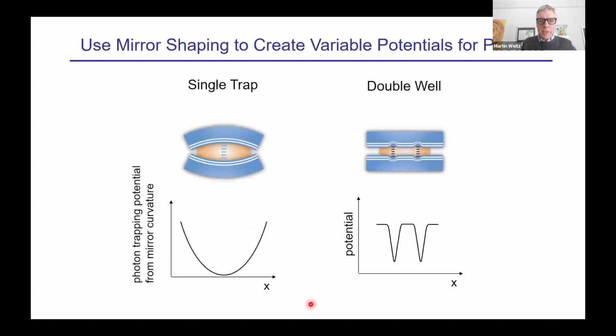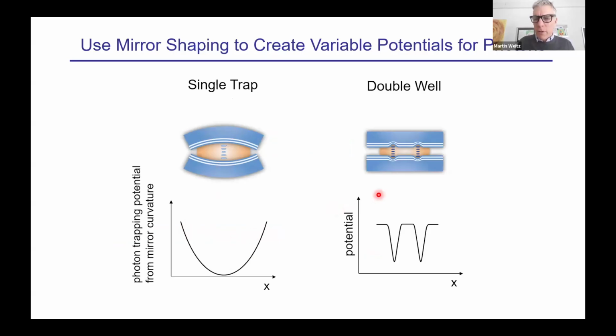So to create such potentials, one can use mirror shaping, as I've been talking about for the case of a single trap. With parabolic mirrors, we can generate a harmonic trapping potential. This is a normal configuration where we look at Bose-Einstein condensates.